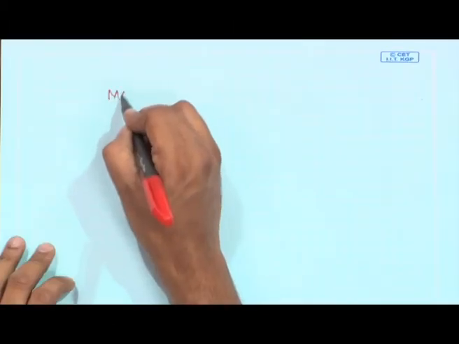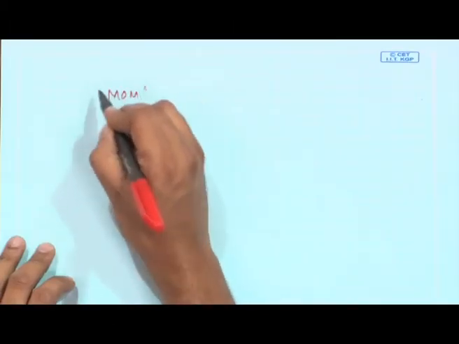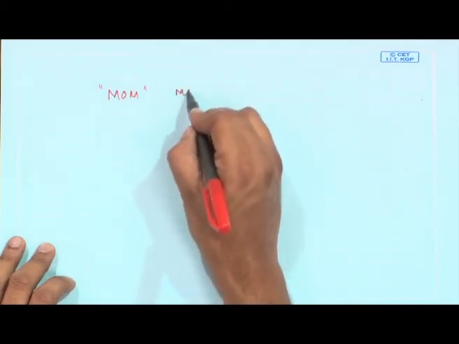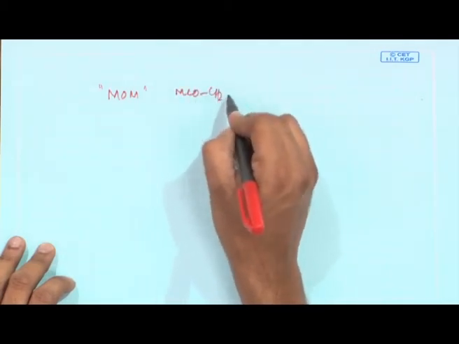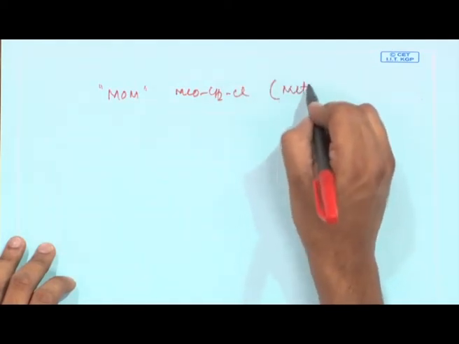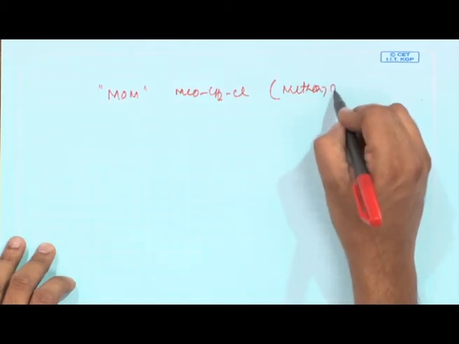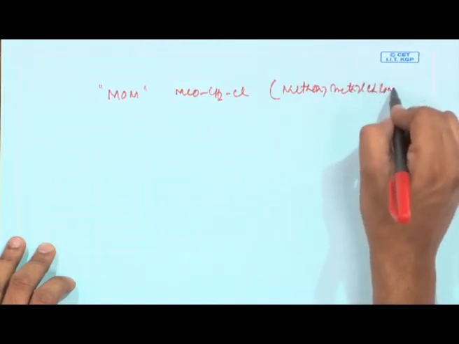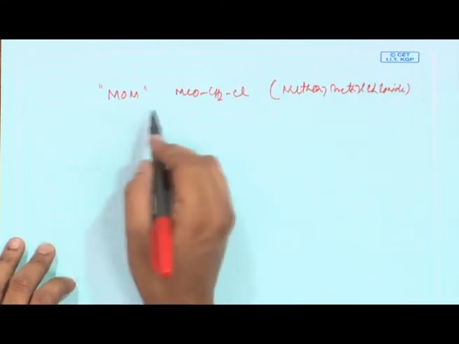We are talking about another simple protection group which is abbreviated as MOM. MOM basically stands for this compound, methoxymethyl chloride. It is basically an ether.